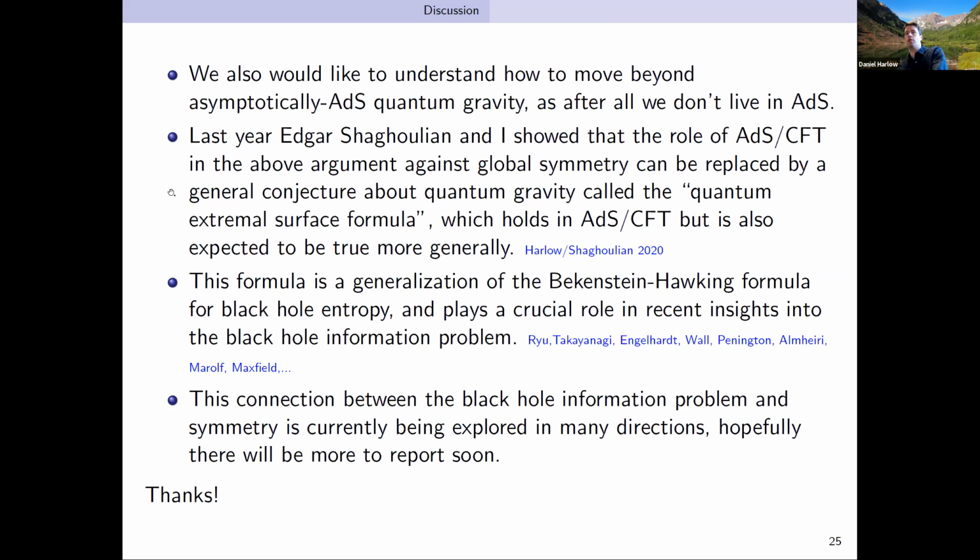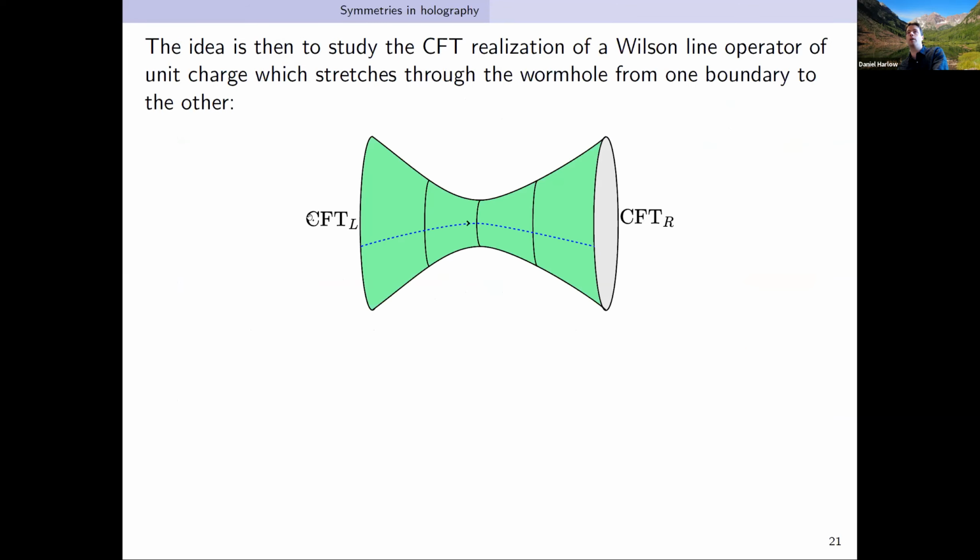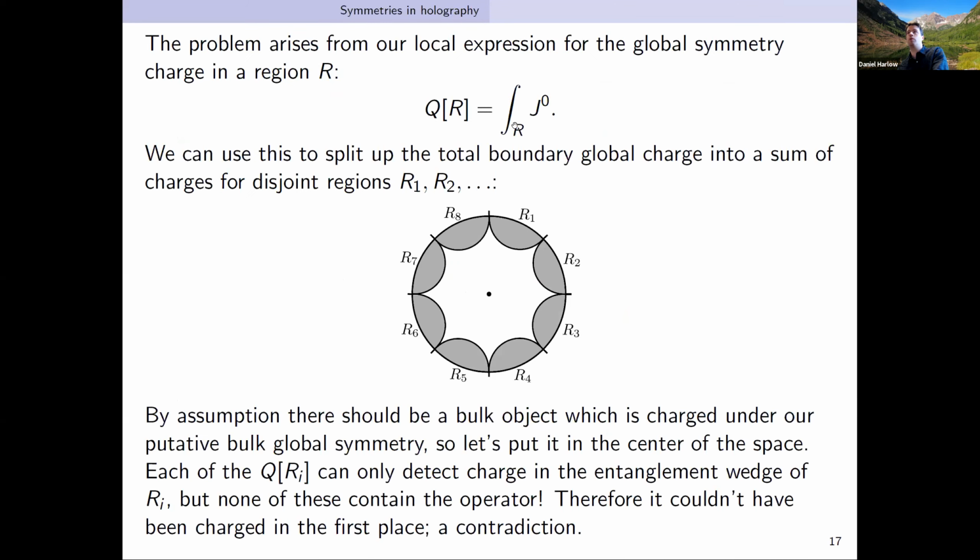And this tension that I had, especially the part where I said that the symmetry charge could be split up into regions: I could only make that argument if I assumed that the symmetry was really a full symmetry of the whole quantum gravity. If I only assumed that the symmetry was valid at low energies, I wouldn't have been able to split up the charge this way, and then I wouldn't have had the contradiction.